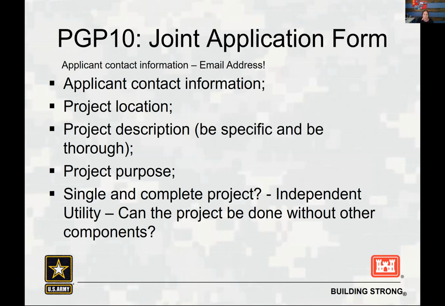If you give me an email address, this is definitely going to speed up the process. So make sure that you include applicant contact information. Project location is really important. Project description, be very specific, and just make sure that you describe the project in relation to impacts to waters.